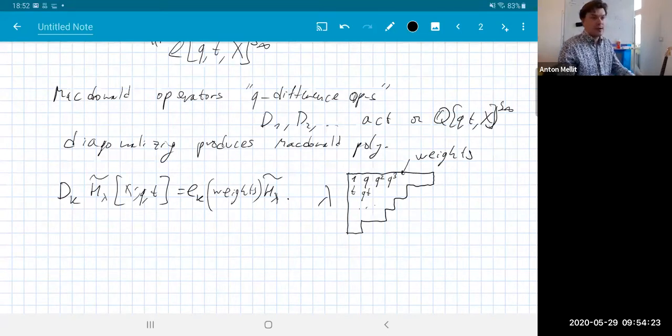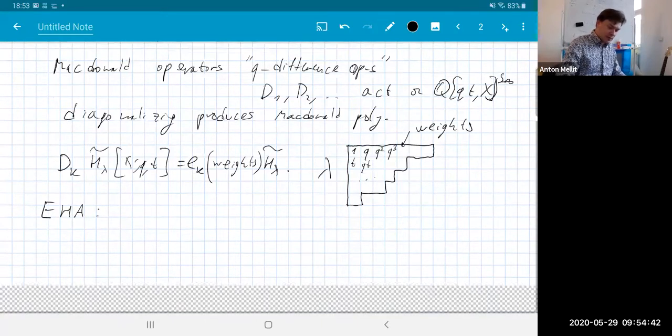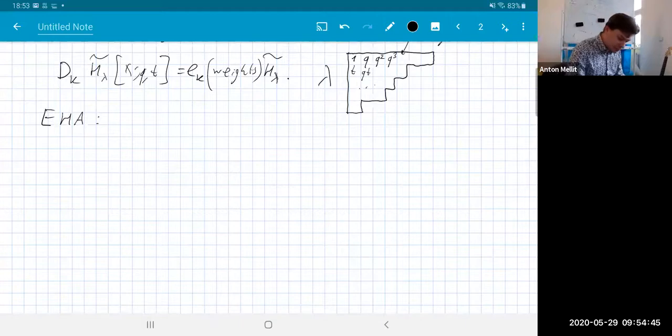So there are many properties of Macdonald polynomials, but most importantly, it's better to think about everything in terms of the elliptic Hall algebra. So let me draw the picture of the elliptic Hall algebra. I am drawing these Macdonald operators.